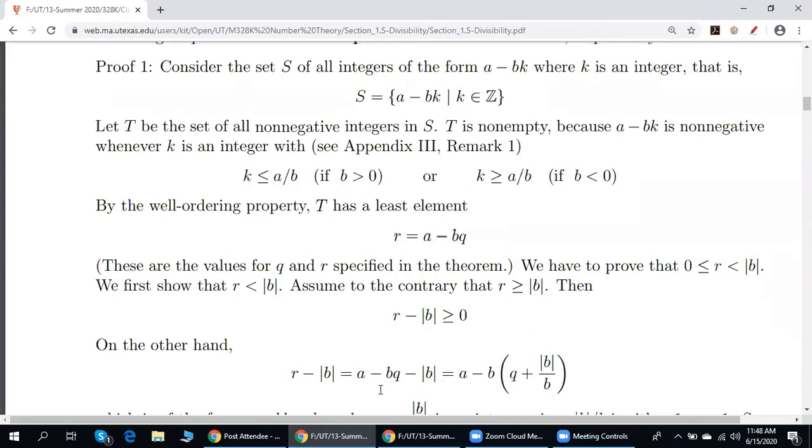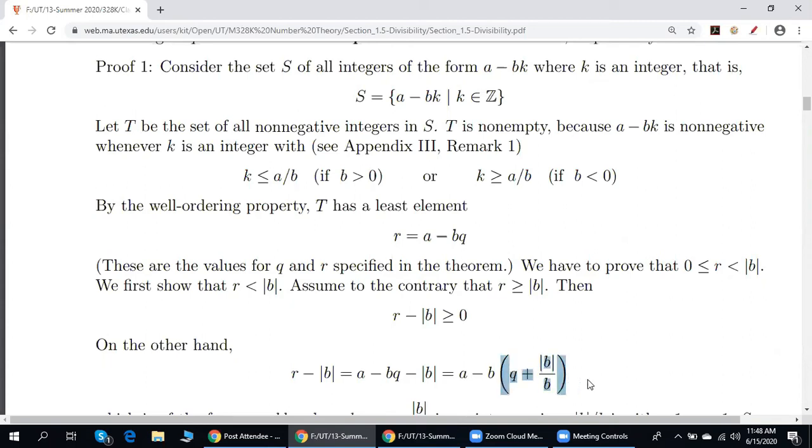Next step. Please take a look at this portion. Over here, let us factor out B. If we factor out B in parentheses, we get the following: Q plus absolute value of B over B. Well, here's why. Let us expand parentheses back.